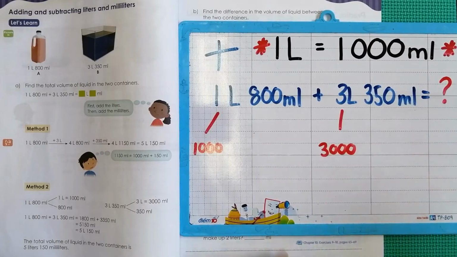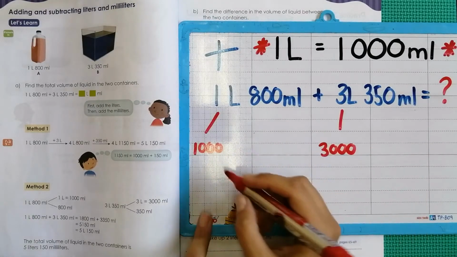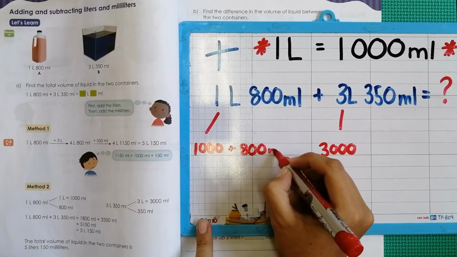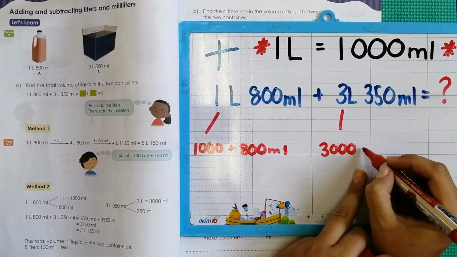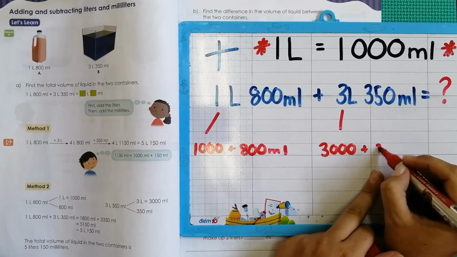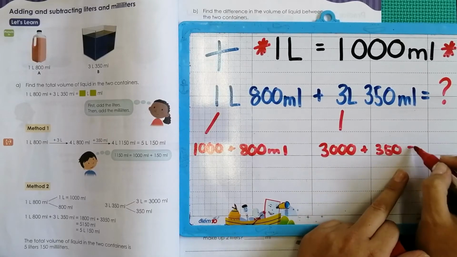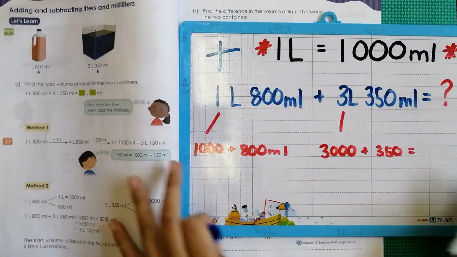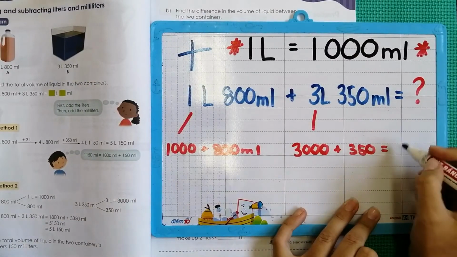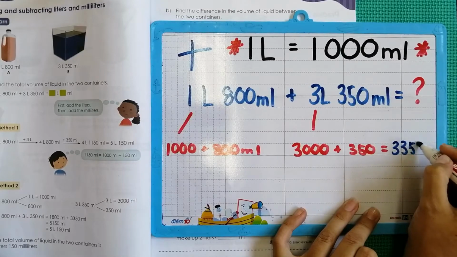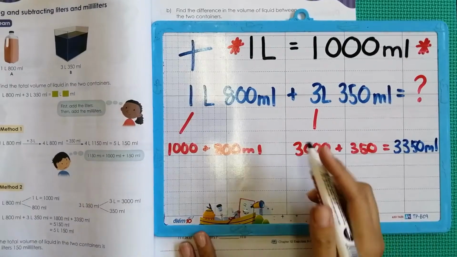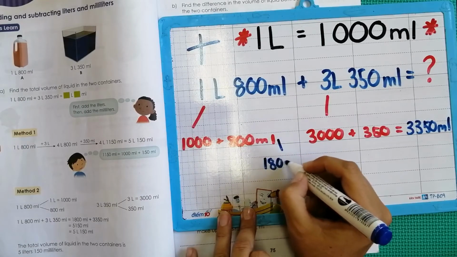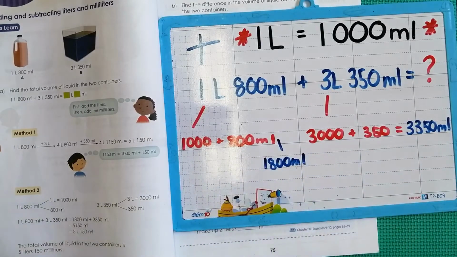If we put them together, this will be 1000 plus 800, and this will be 3000 plus 350, which equals 3,350 milliliters, and this equals 1,800 milliliters.